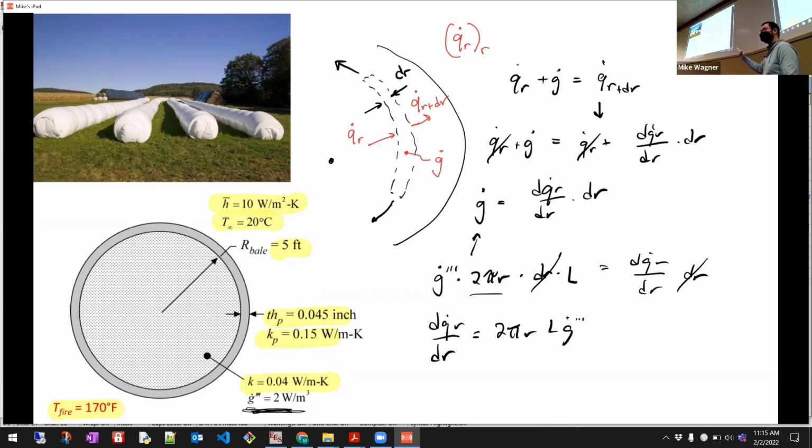Before, when we went through the same process, we said this was equal to 0, meaning it's not changing over the control volume. Now it's equal to something. That tells us intuitively that heat transfer is changing as it goes over this control volume. Every control volume has a term that is actually adding heat to it, which makes sense because we're talking about generation.